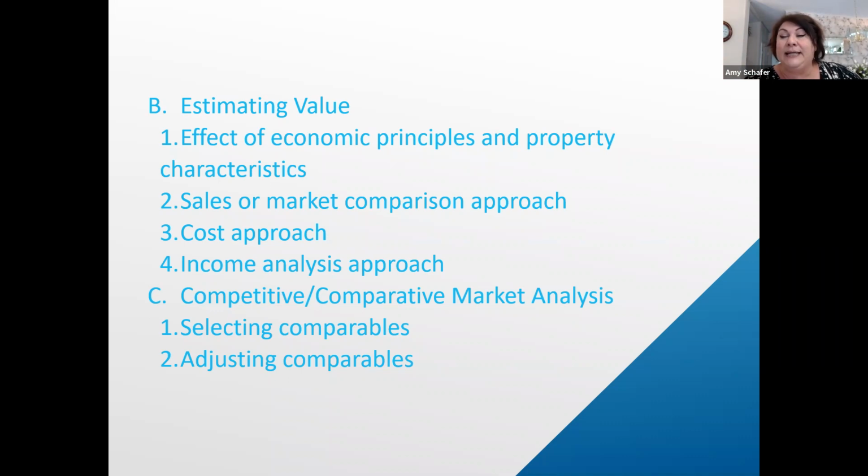What's that price to build it brand new? Then you're going to use 3 types of depreciation to reduce from that new cost to make it most like what it would be worth today. So depreciation can happen from physical obsolescence, functional obsolescence, or external matters.